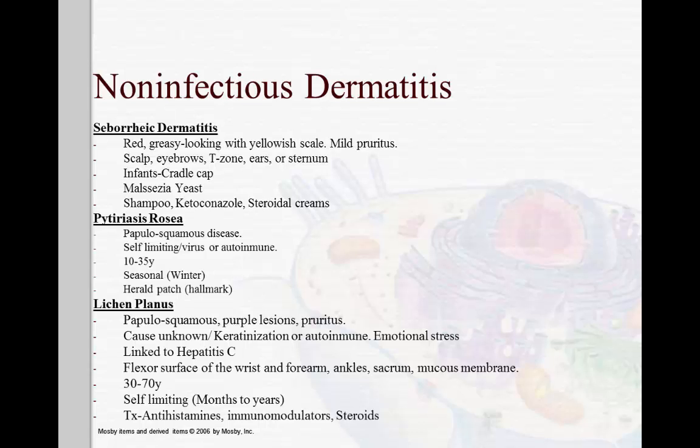It appears to be like a collarette type of eruption or Christmas tree distribution. Patients also could complain of malaise, headache, arthralgias, like flu-like symptoms, and then the rash appears.